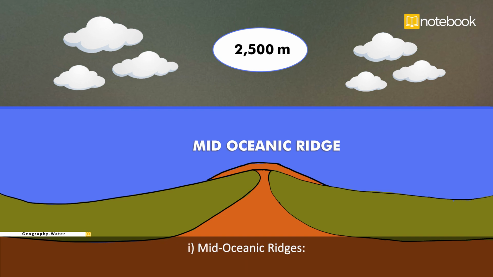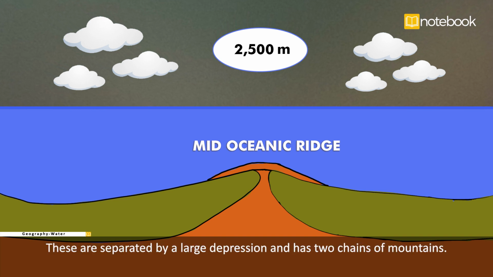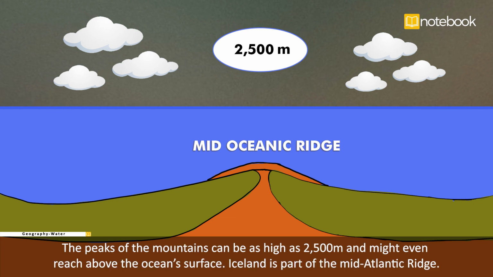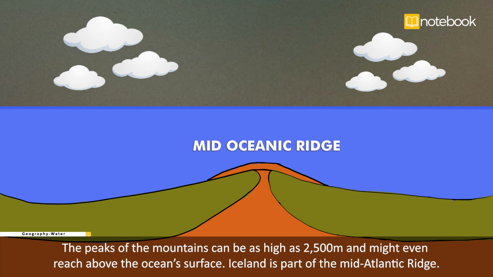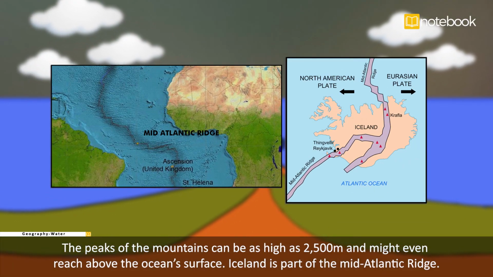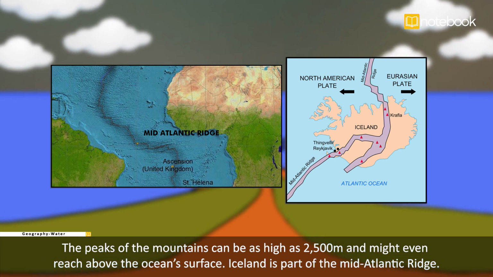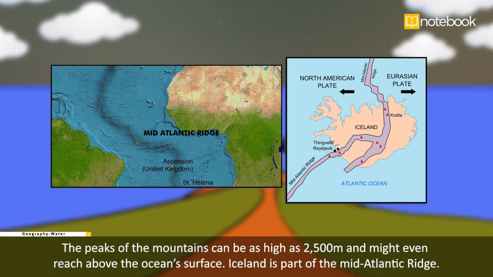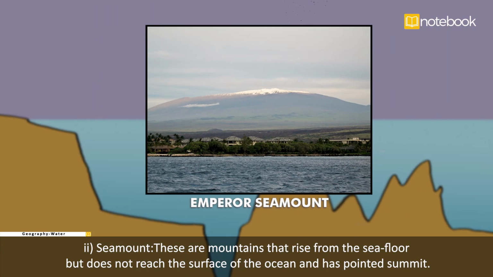Mid-oceanic ridges. These are separated by a large depression and have two chains of mountains. The peaks of the mountains can be as high as 2,500 meters and might even reach above the ocean's surface. Iceland is part of the Mid-Atlantic Ridge. Seamount.